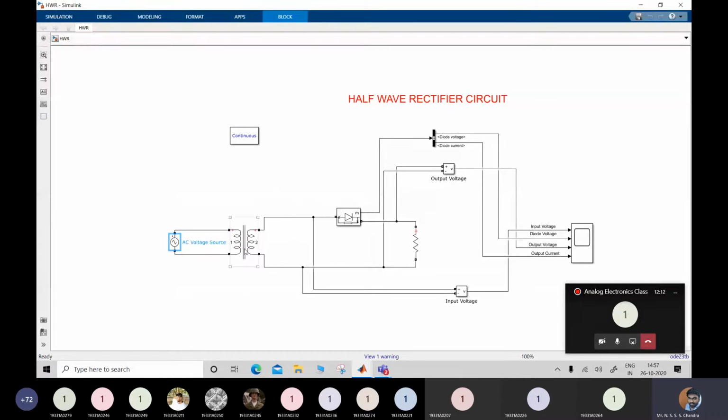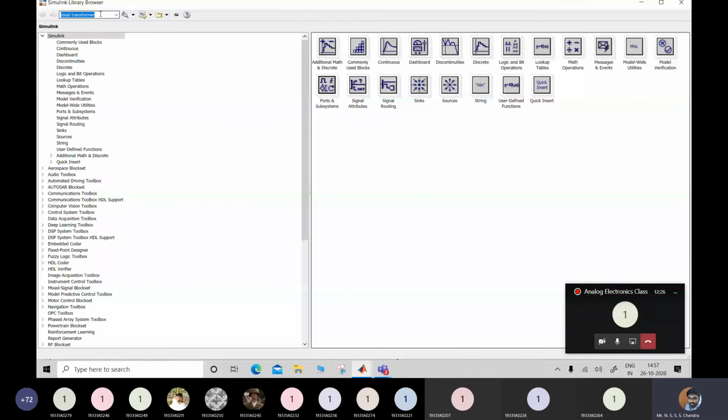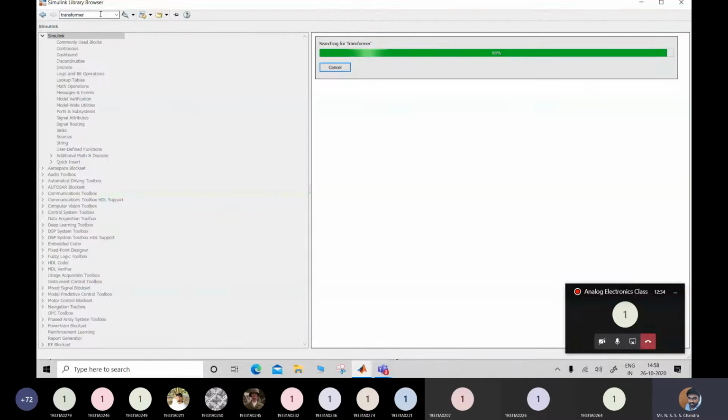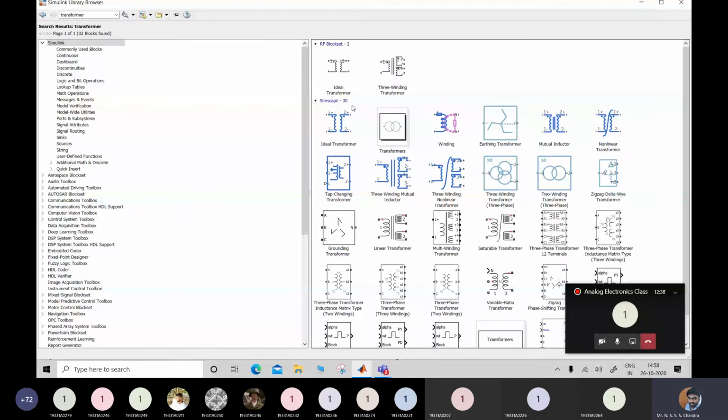And then I'm taking a linear transformer. This element is available in the library. In the library browser, you have to search for transformer. You'll get a number of different transformers from different block sets, in the RF block set, the Simscape block set, all those things.